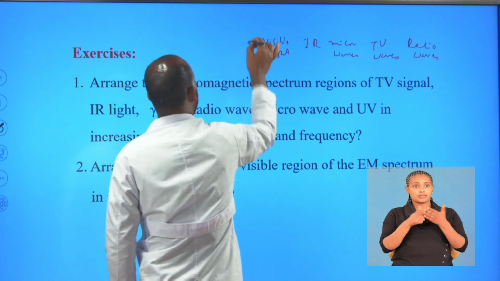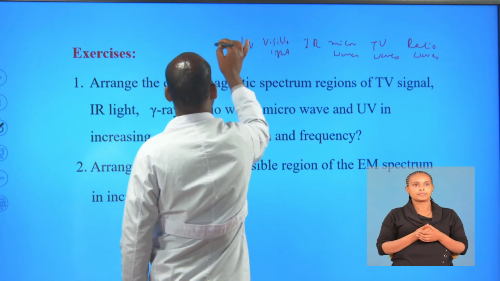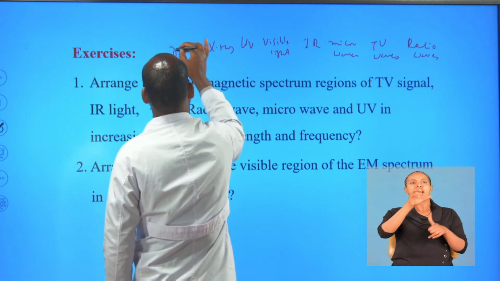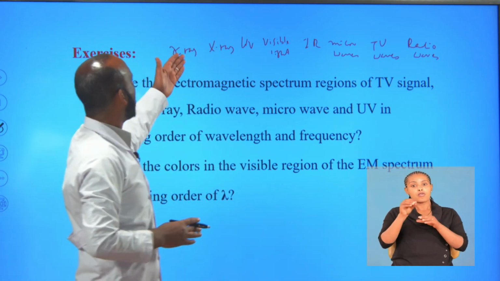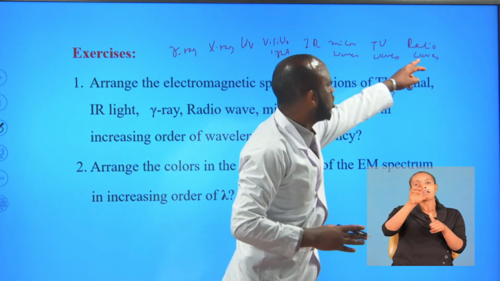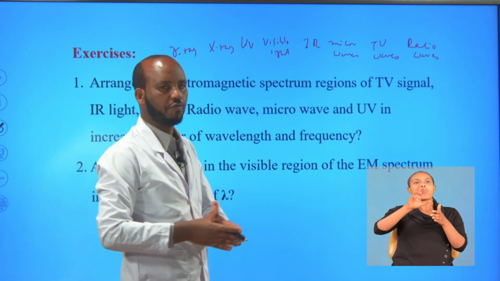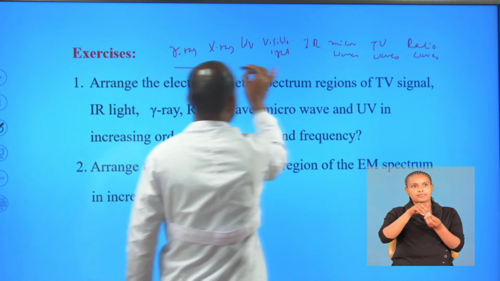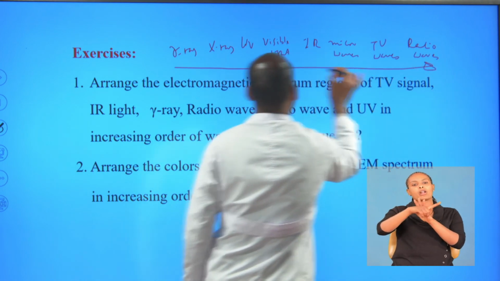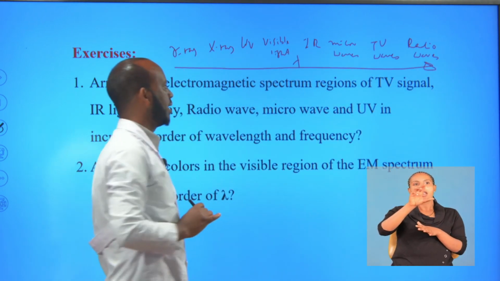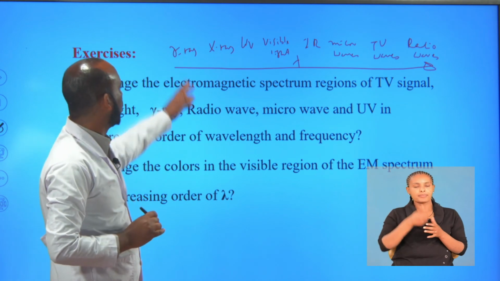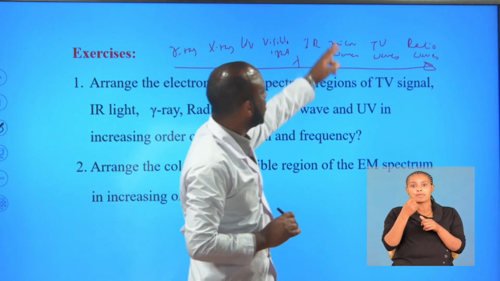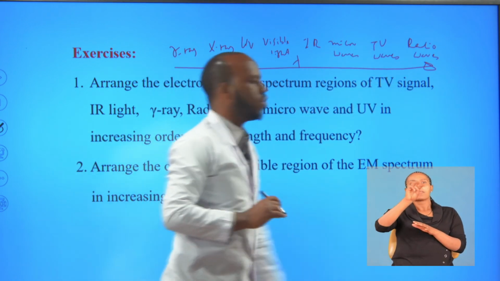On this side, UV, X-ray, gamma ray. In moving from gamma ray toward radio wave, wavelengths increase. Increasing order of wavelengths, lambda: gamma ray, X-ray, UV, visible light, infrared, microwave, TV wave, radio wave.